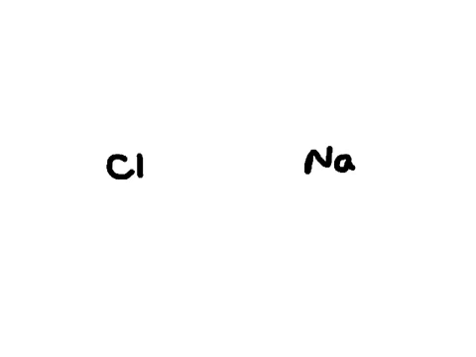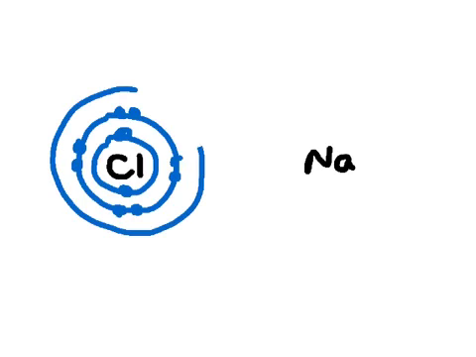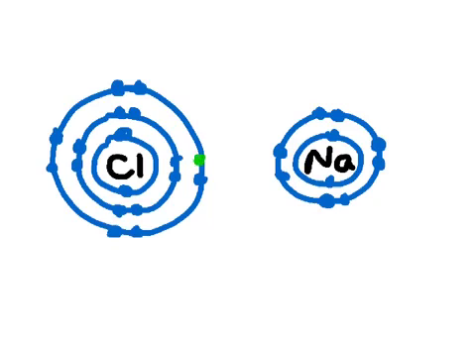Now we've got chlorine's first energy level filled, chlorine's second energy level is already filled, we knew that, and now chlorine's third energy level is filled, and I'm going to draw the electron that sodium gave to chlorine. 1, 2, and then 1, 2, 3, 4, 5, 6, 7, 8. I'm going to draw it in green. Here's that electron that sodium gave to chlorine.